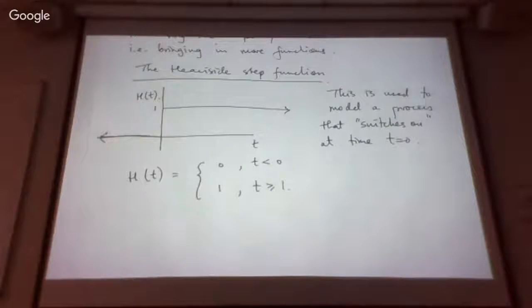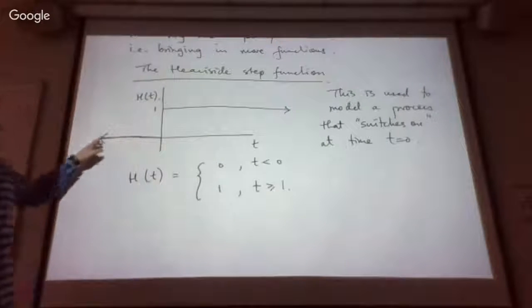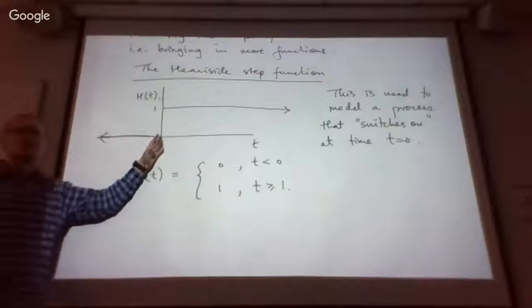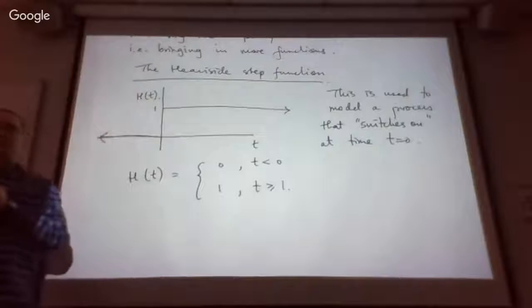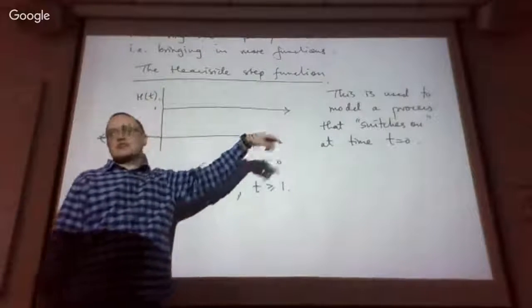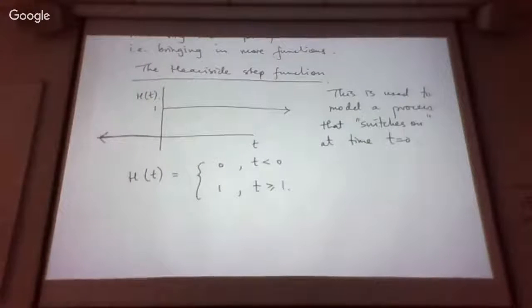So up to time t equals 0 it is a function which takes the value 0. So it's some kind of signal or factor in a problem which is turned off. And then at this magical time t equals 0, it switches on, and thereafter it takes the value 1. 0 means switched off, 1 means switched on.